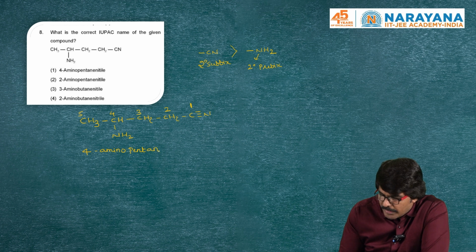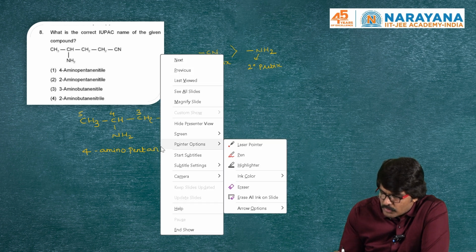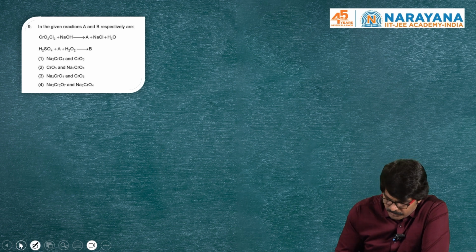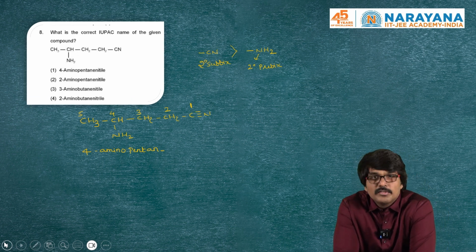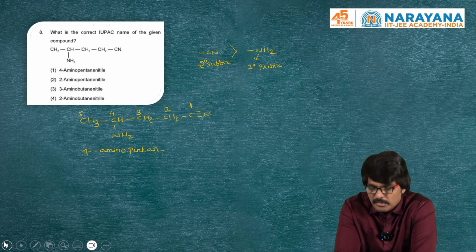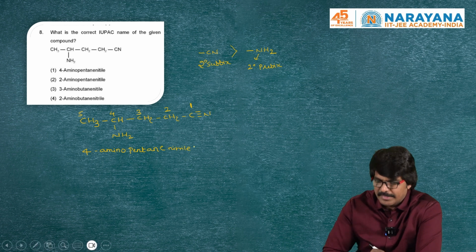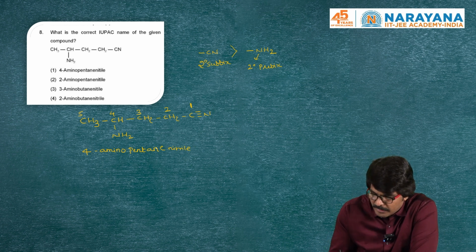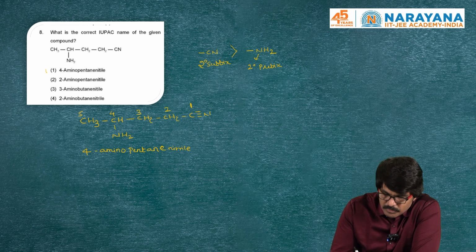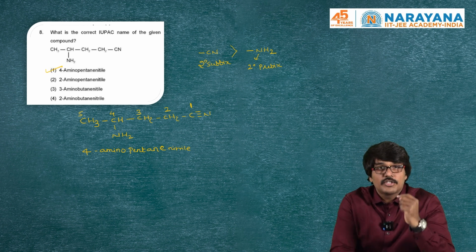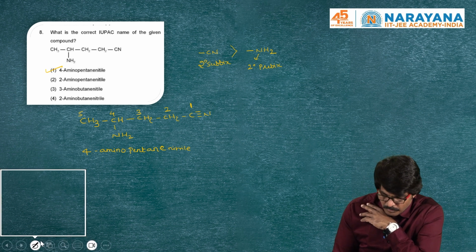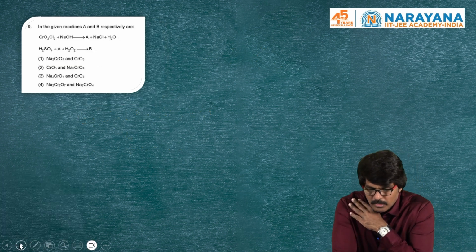Primary suffix ane, and at first position there is the cyanide functional group, its suffix is nitrile, so that is pentanenitrile. So 4-aminopentanenitrile. That is the first option. So this is the second question on IUPAC naming.